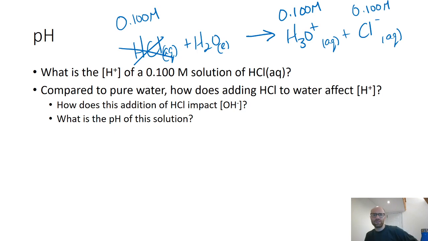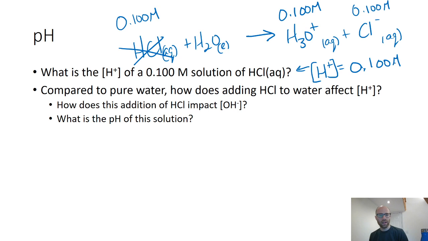I think we've talked about this with moles in general. 1 mole of sodium chloride contains 1 mole of sodium and 1 mole of chloride. So a 0.1 molar solution of HCl would be 0.1 molar H plus and 0.1 molar Cl minus. So in this solution, the hydronium ion concentration is 0.100 molar.